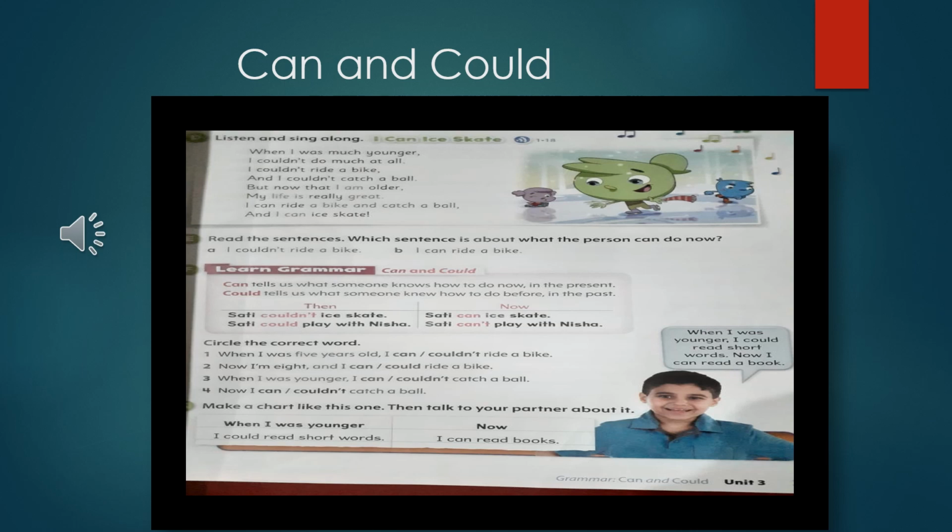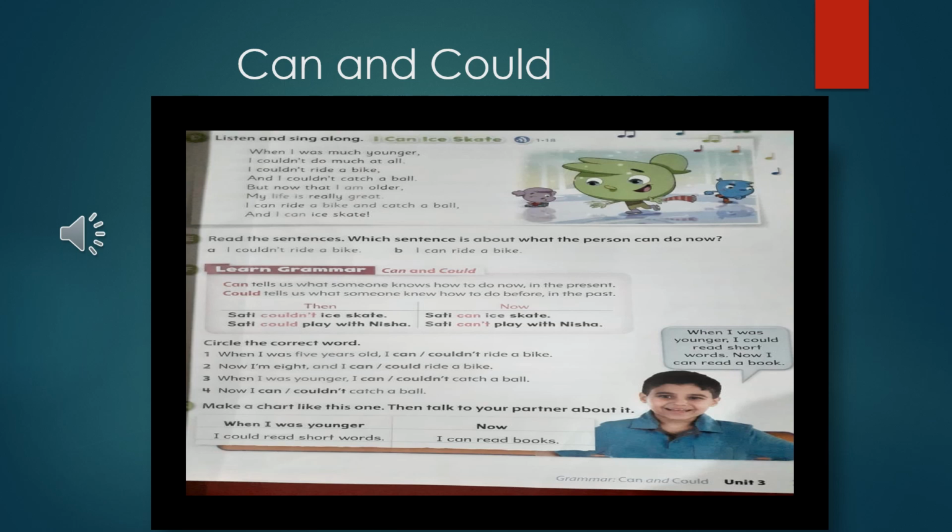Okay. Number 2, now I am 8. Now shows the present, that means you would circle can or can't. I can ride a bike or I could ride a bike. Yes, I can ride a bike. Number 3, when I was younger, I can catch a ball or I couldn't catch a ball.